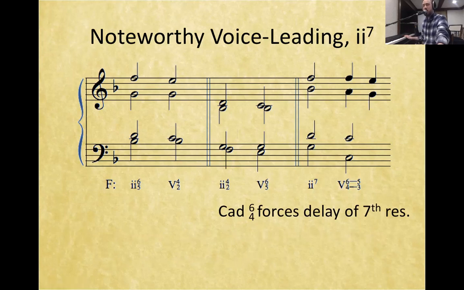But because we're going through the cadential 6-4, the resolution happens through the cadential 6-4. So the 7th doesn't resolve down immediately. It resolves downwards eventually through the cadential 6-4. So that's just a few examples of what we're looking for here in these 2-7 chords.